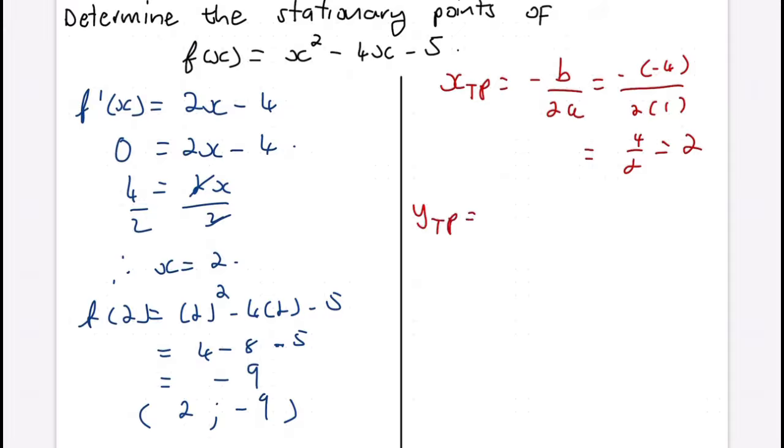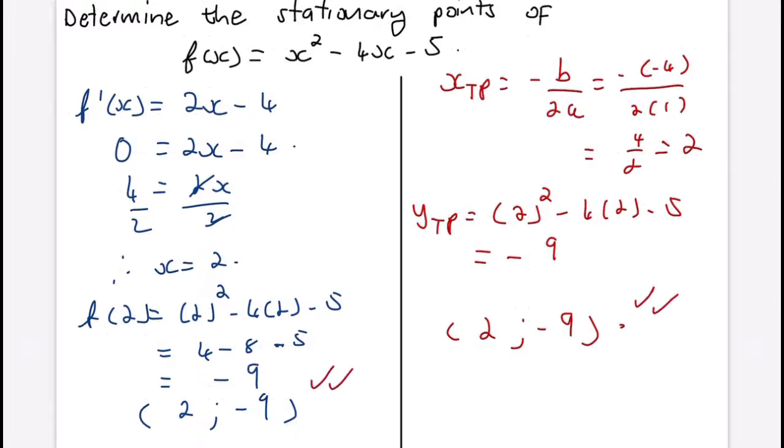And you can find the y value of the turning point by plugging in 2 into the equation there. And again, you'd get negative 9, meaning that the turning point would be 2, negative 9. So as you can see, both methods land us on the same stationary point. But very important for you to know that at the turning point, at the stationary point, the gradient is equal to 0.